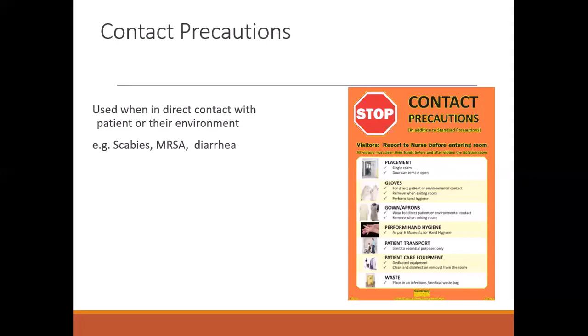There is one airborne isolation room with negative pressure available in each ward, but for contact precaution the patient can be placed in a single room. So we will place the patient in a single room, and we will keep this signage, but without all these details.